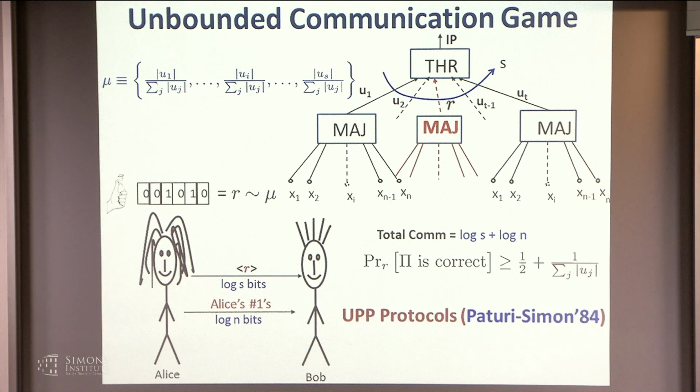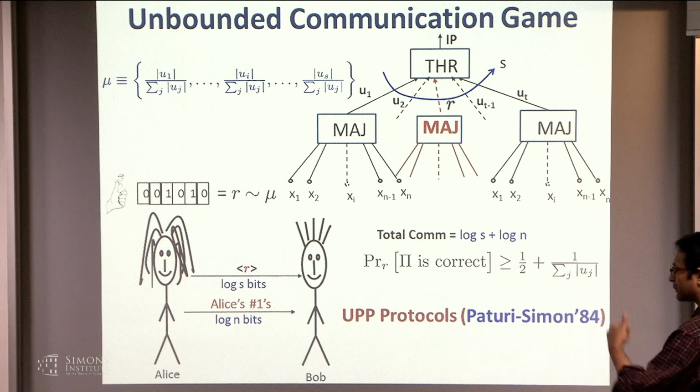This brings me to the main topic of my talk. We will consider such protocols, which seem extremely relaxed in the sense that you need to do barely better than random guessing, just strictly greater than half, otherwise all bets are off. This class of protocols is called UPP protocols.